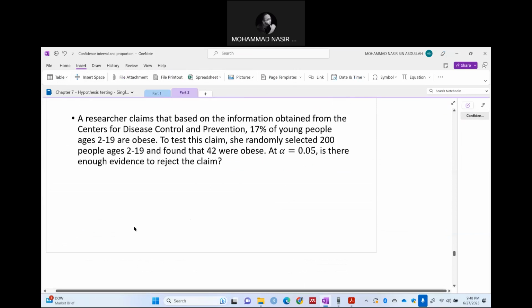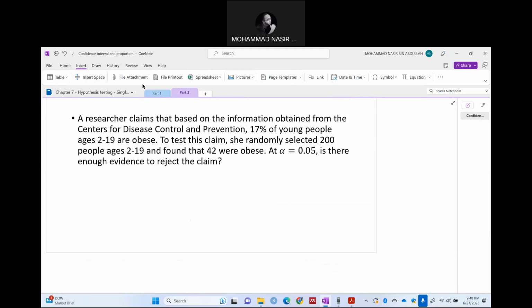So a researcher claimed that based on the information obtained from the Centers for Disease Control and Prevention, 17% of young people aged 2 to 19 are obese. To test this claim, she randomly selects 200 people aged 2 to 19 and found that 42 are obese.